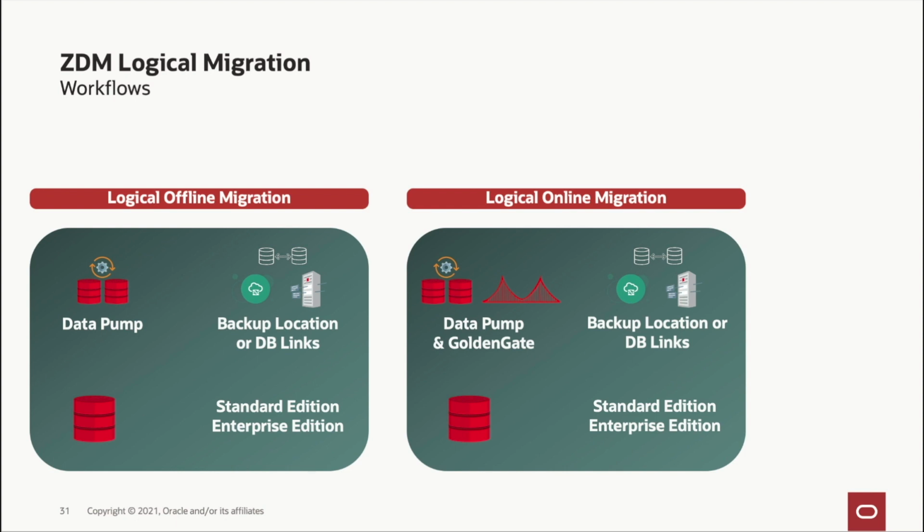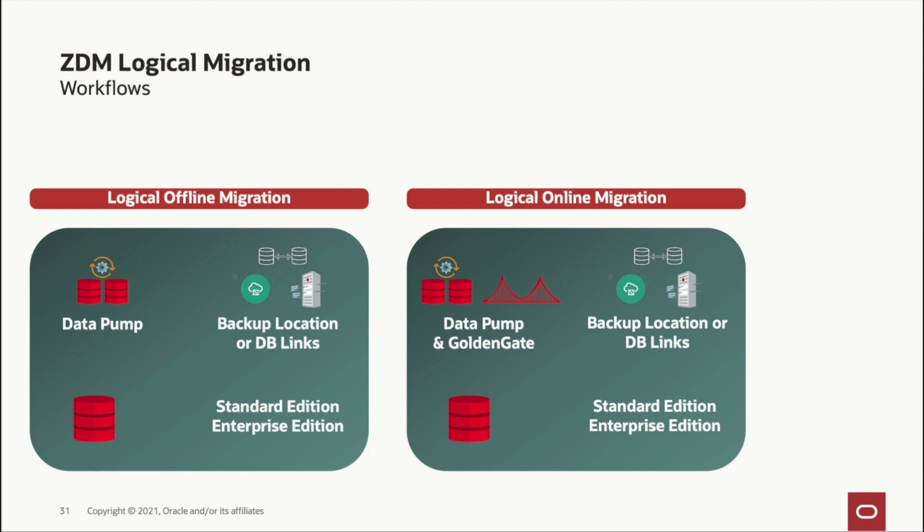Now, there's also the logical online migration, which allows for Data Pump and GoldenGate as well. Using GoldenGate allows for an online way of migrating your database, because you use Data Pump export and import, but then the synchronization happens with GoldenGate.